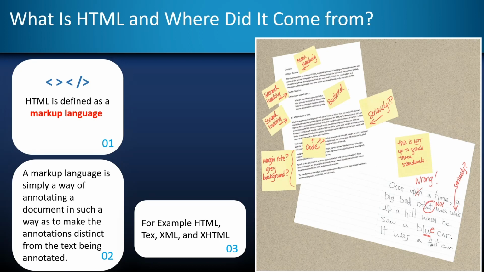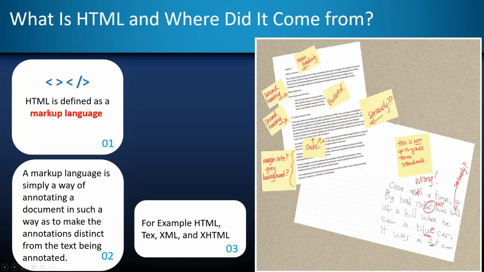So we specify that this is the main chapter name, then the sub-chapter name, the subtopic name. These things are called annotation. In markup also we specify what will be the heading, what will be the listing, what will be in bullets, what will be in numbers.